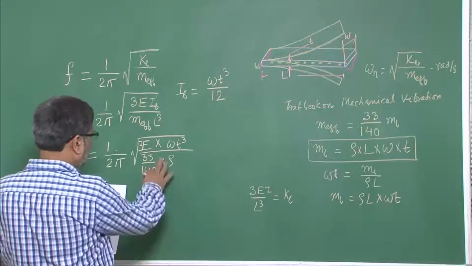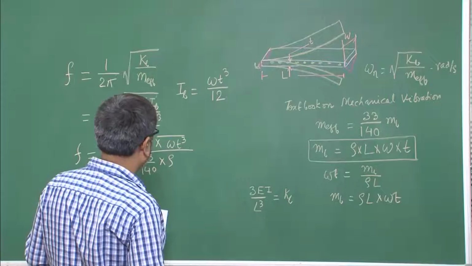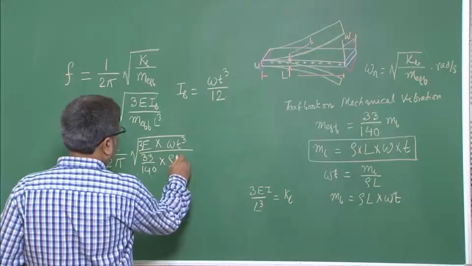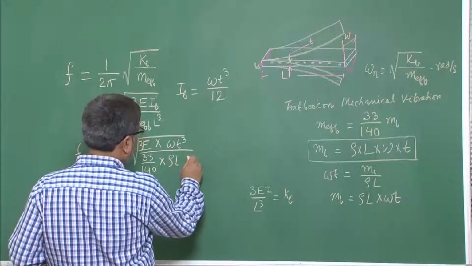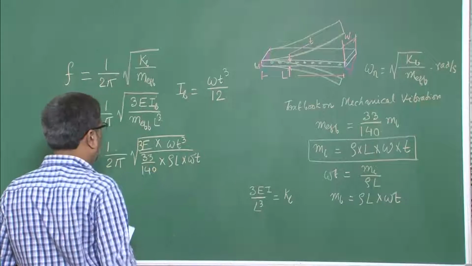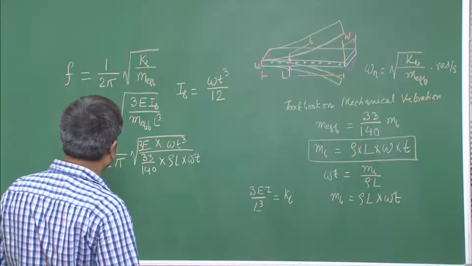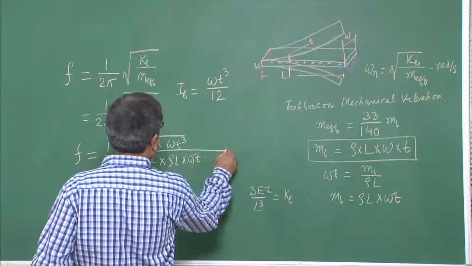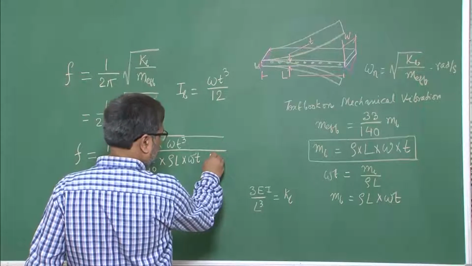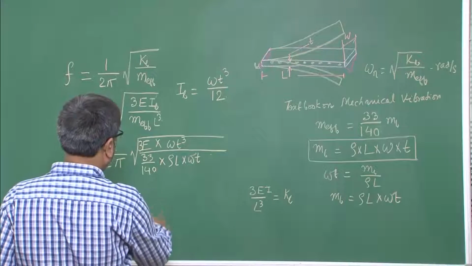However, we need to really look into this now, that this MB itself is giving us rho L times WT, that is one we are getting, okay. And that is our M effective, and what else are we getting from here? We are getting 33 over 140, that is the M effective.